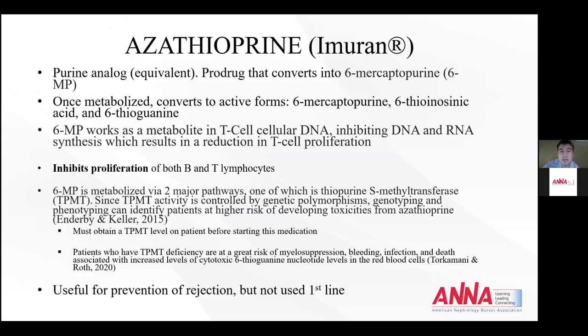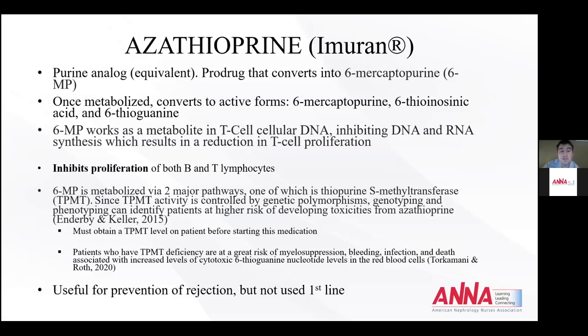Since TPMT activity is controlled by these genetic polymorphisms, you need to draw a TPMT level on a patient to identify patients who are at higher risk of developing the toxicity that can happen from azathioprine. Before you ever start or switch to azathioprine, you need to get a TPMT level on your patient.